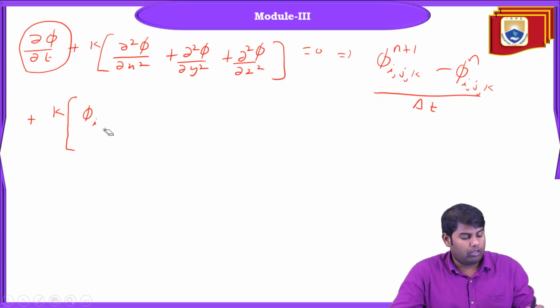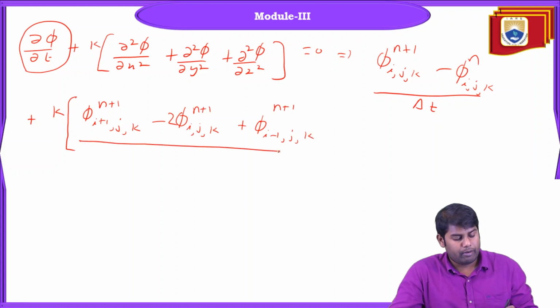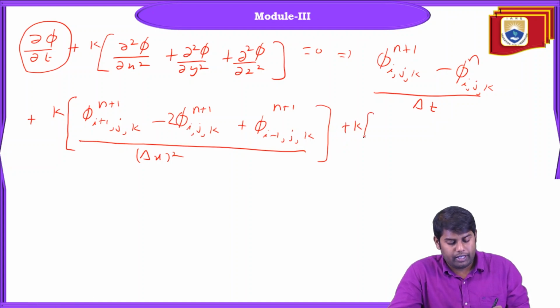Phi of i plus 1 comma j comma k to the power of n plus 1 minus 2 phi of i comma j comma k to the power of n plus 1 plus phi of i minus 1 comma j comma k to the power of n plus 1 divided by delta x square. So this is the one term which we have.